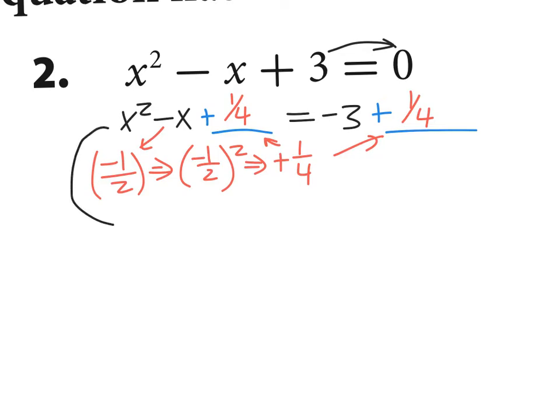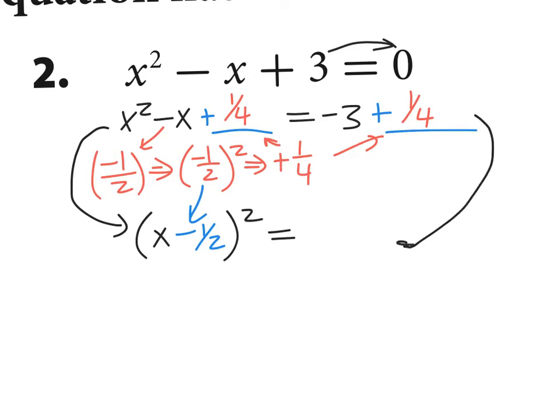We now factor this as a perfect square trinomial, which is going to be x, and we look at that middle term, minus 1/2 squared equals, and then we have to add this up here. -3 plus 1/4 is what? -2 3/4.